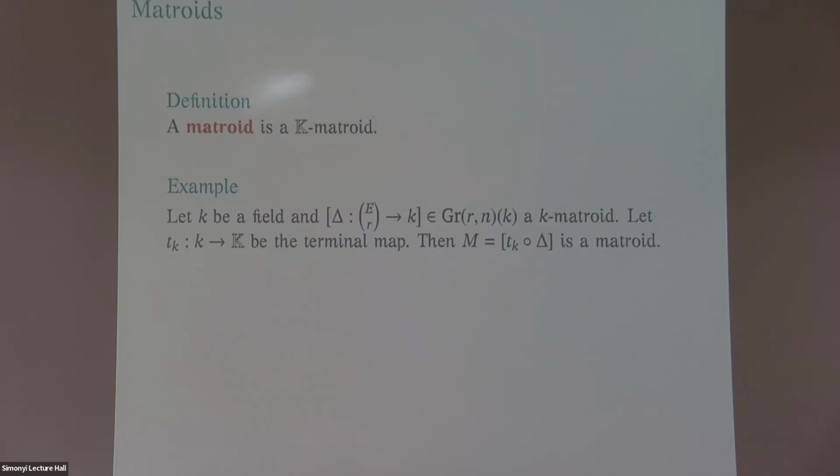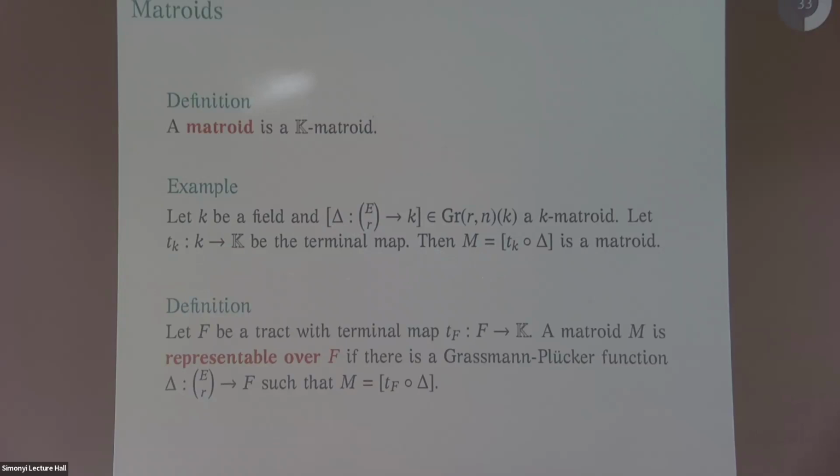And this is so-called representable. It's representable over k. It's precisely the notion of being representable. We can turn this around and say, well, if we have any tract F with terminal map Tf, then a matroid M is representable over F if there exists a Grassmann-Plücker function over F, so an F-matroid, such that M is the composition of delta with Tf.